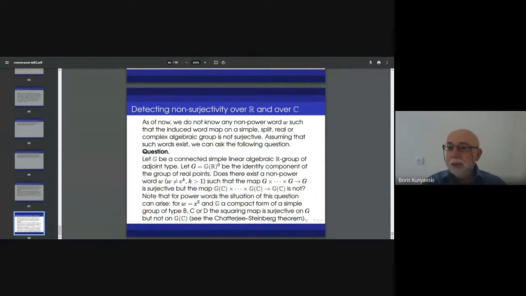Next time I'll discuss SL2C. This is a simple-looking situation, but once again, perhaps this is the problem to which I devoted so much time, maybe more than to any other problem during my career, but totally failed.